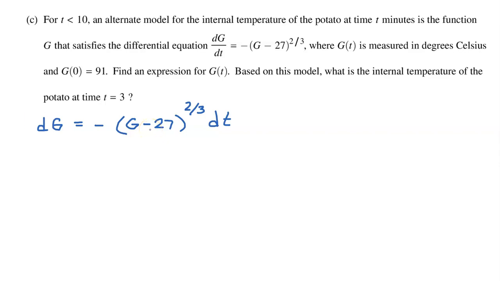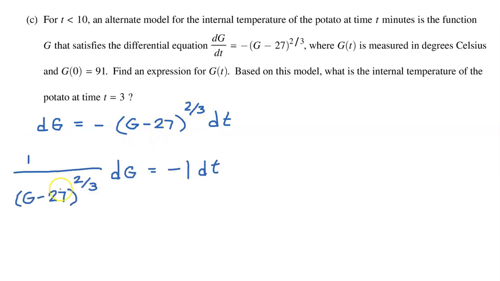We want all of the g's on the left though, so let's move this expression over to the left by dividing both sides by (g minus 27) to the 2/3 power. Now I have all the g's on the left and the t's on the right. It'll be a little easier to integrate if I rewrite this as (g minus 27) to the negative 2/3 power.